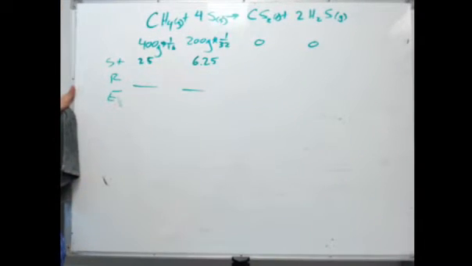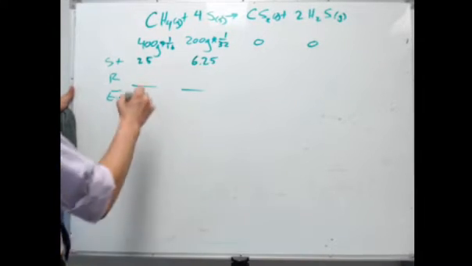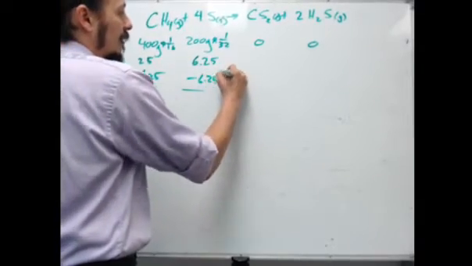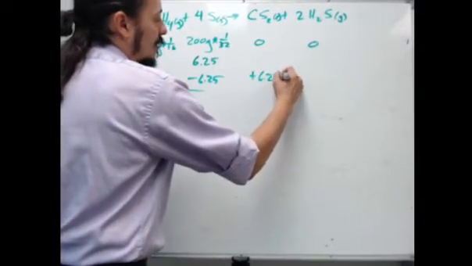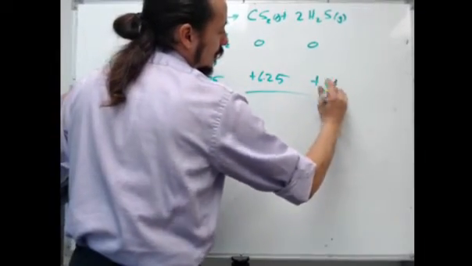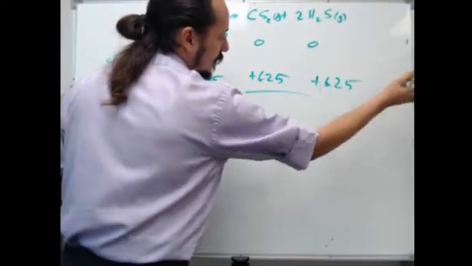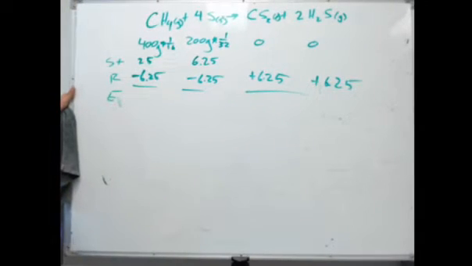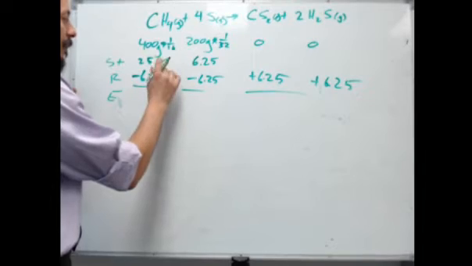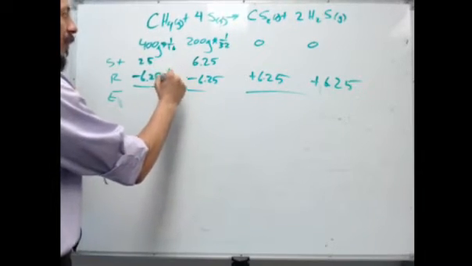So, still, clearly, this 6.25 is limiting, so I'm going to have minus 6.25, minus 6.25, plus 6.25, plus 6.25. Okay, I need my mole ratios in there to get this right, so I'm going to have a 1 to 4.